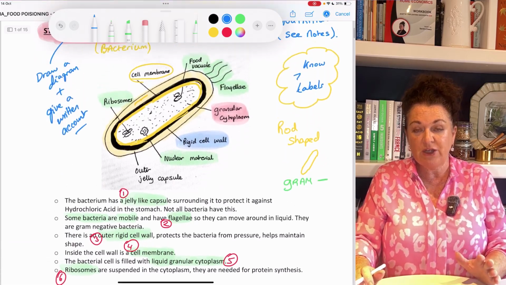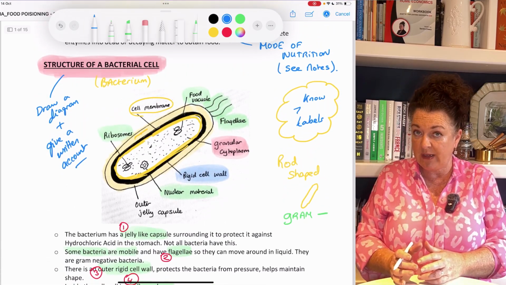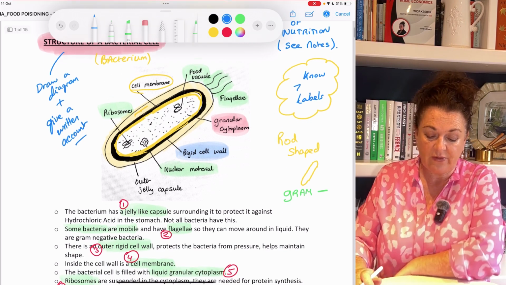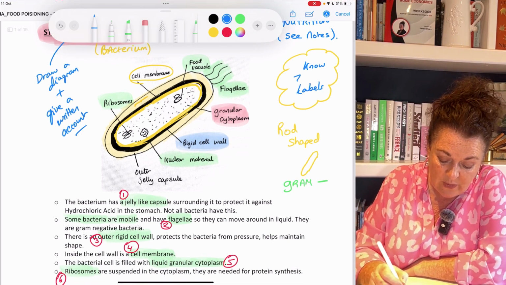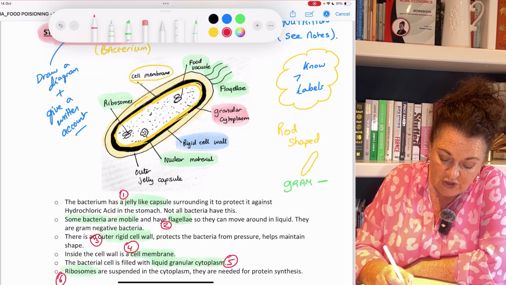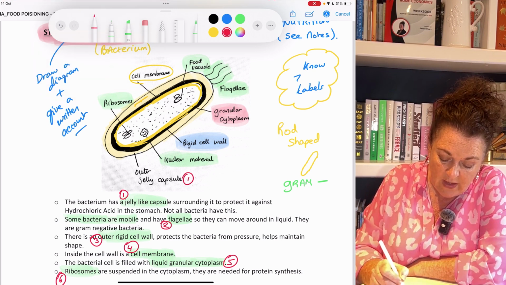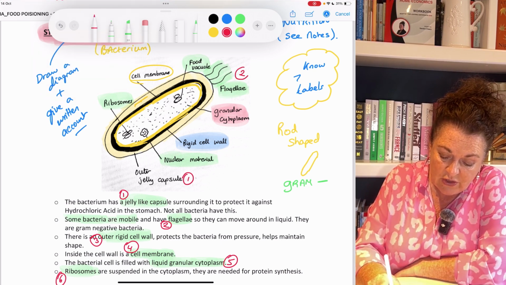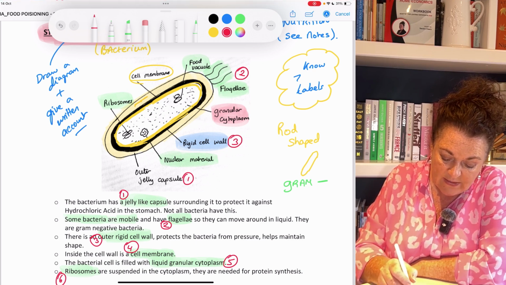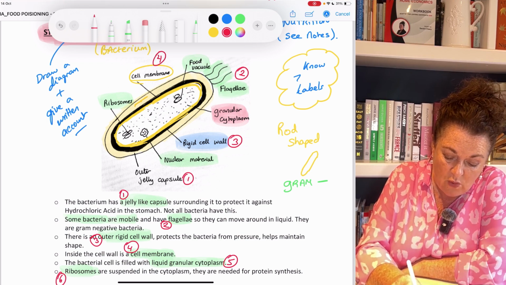But just make sure that if you do have 7 labels on that diagram, like we have here, that you've numbered them 1 to 7. And I'm actually going to number them here as well. So I'm going to start with our jelly capsule, 1. Then we have our flagellae, 2. We have our rigid cell wall, which is 3. We have our cell membrane, which is 4.